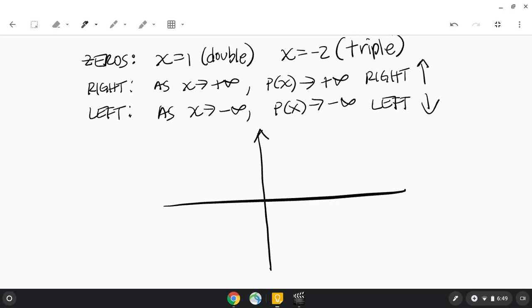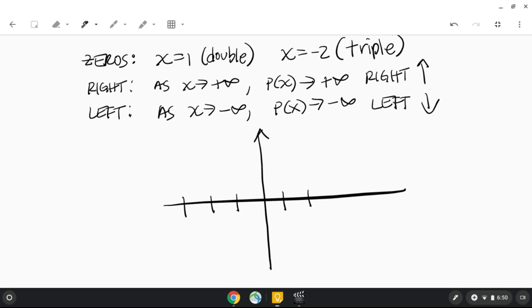Okay. So at x equals 1, we have a 0. And this one is a double. I'll mark it like this to distinguish between that one and the other one. And x equals -2 over here is a triple zero. So this one, I'll go like this.